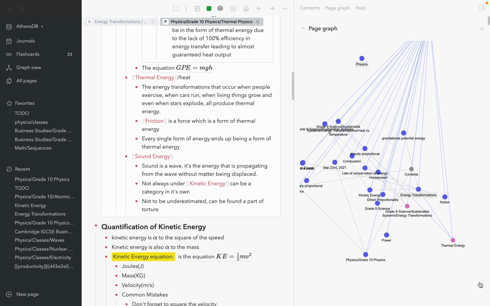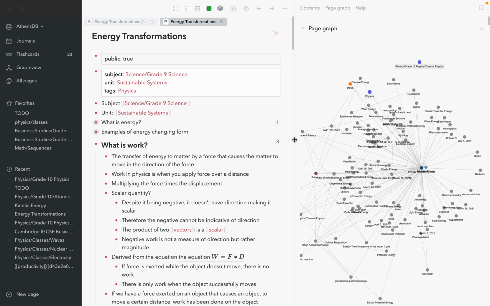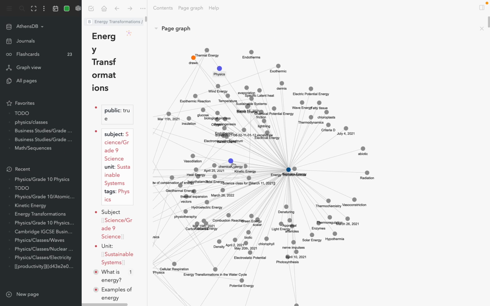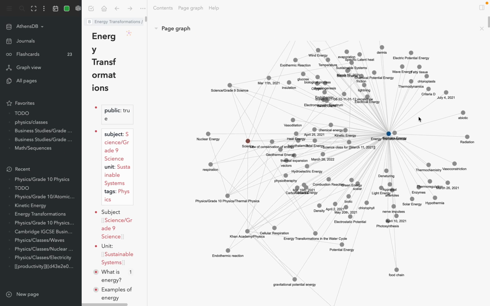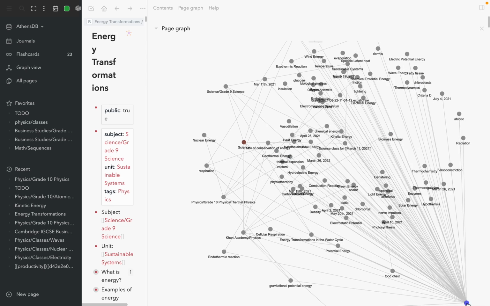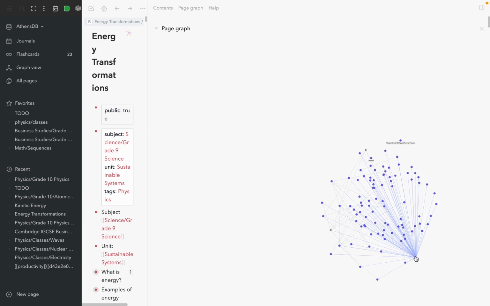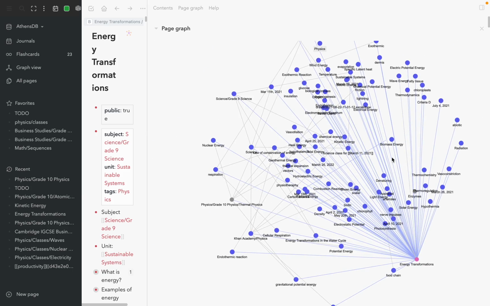And probably if I open energy transformations, which is probably one of my biggest notes, you can see even more connections being made. So looking closer, I've just expanded the right sidebar. So you can see all these topics are connected. And while there isn't a huge amount of functionality yet, it's just quite a nice way to think about things, and it really helps put your notes into perspective.